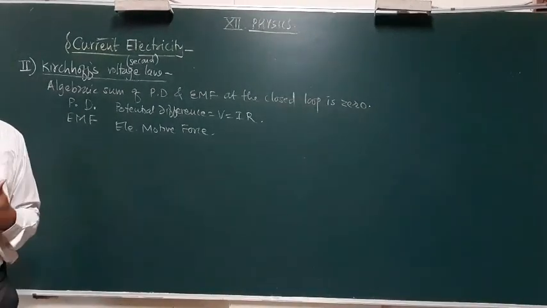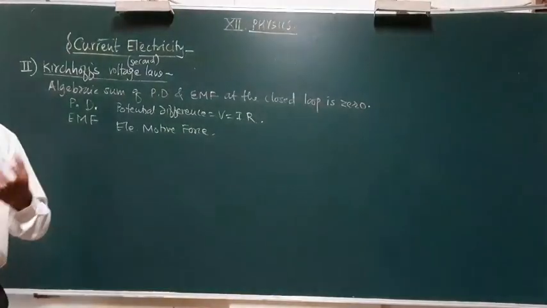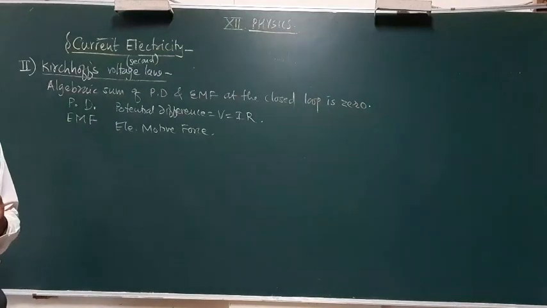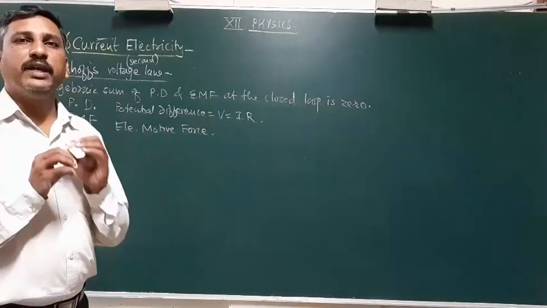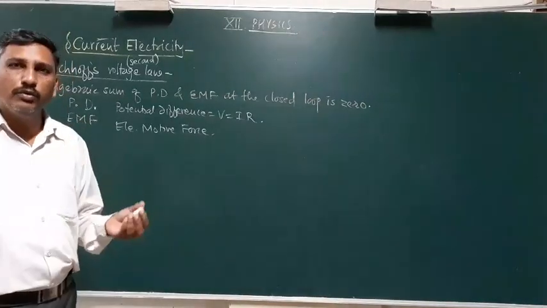Just as in the previous law, junction was a new word, in the same way closed loop is a new word. Now we see what is the meaning of closed loop. Its meaning is very simple. Any closed conducting path through which current is flowing, that is nothing but a closed loop.